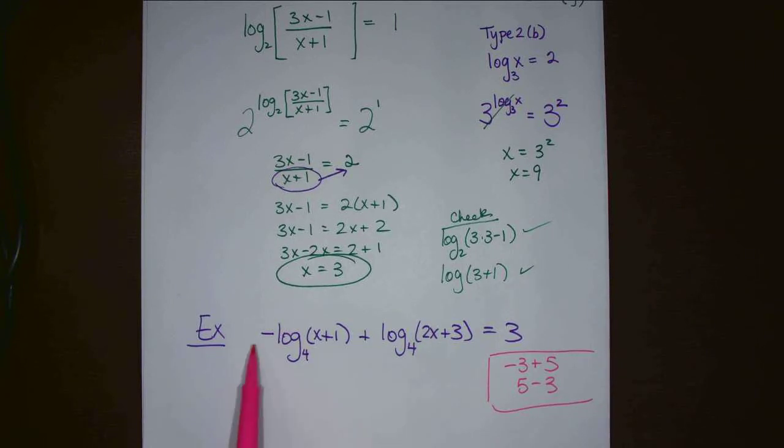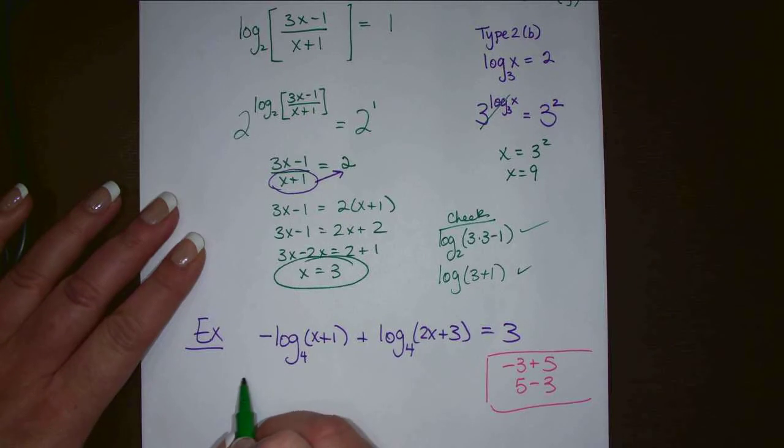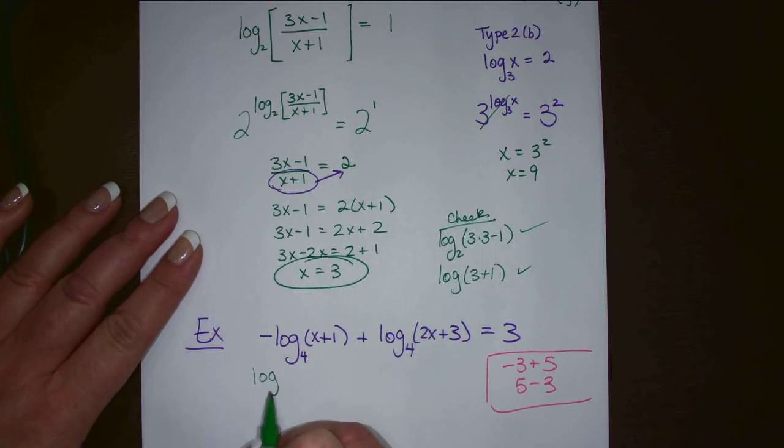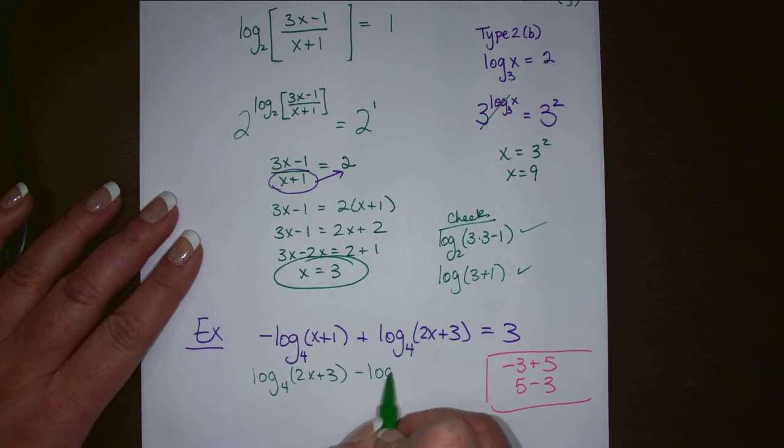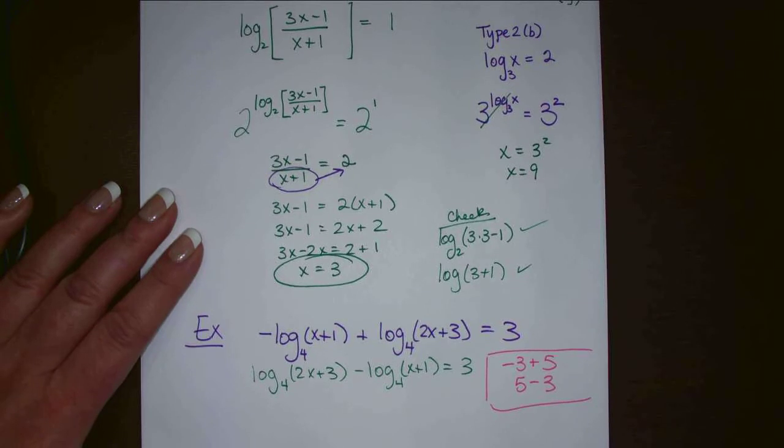There is a negative in front of this, so we're actually subtracting this one. Do you see it? Now, I know you'll want to rewrite it when you see that, and you can. And then it's clear that it's subtract.